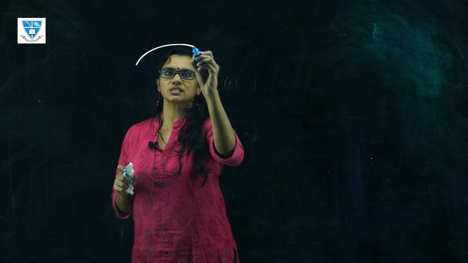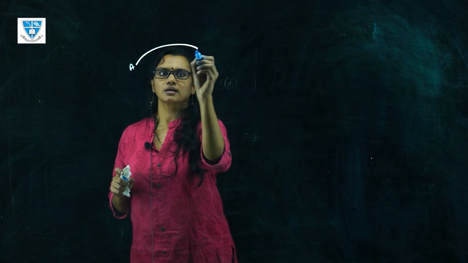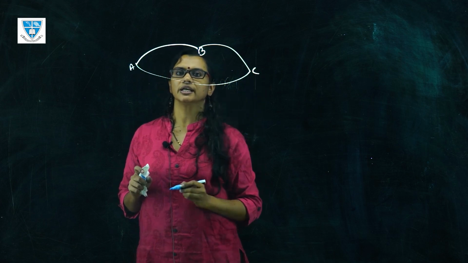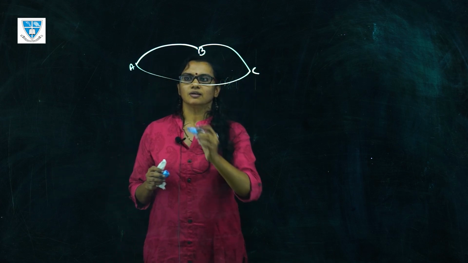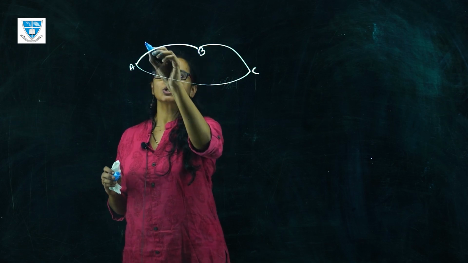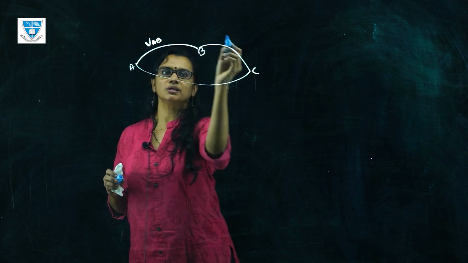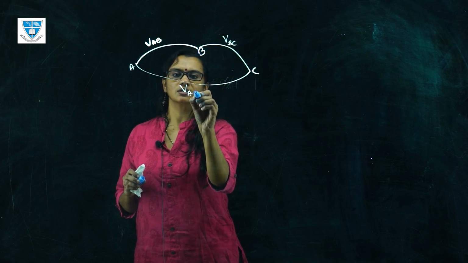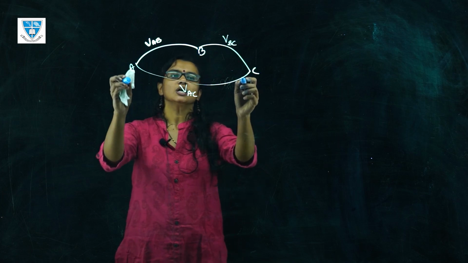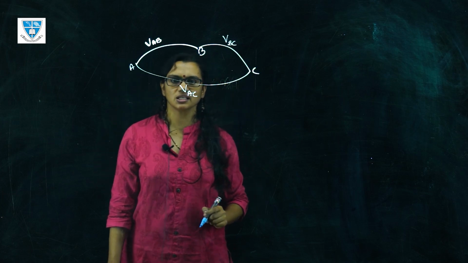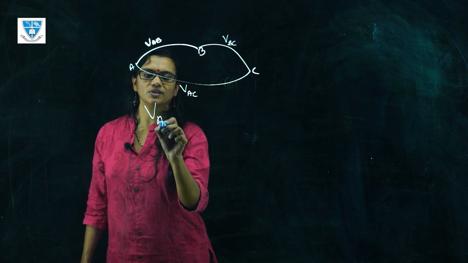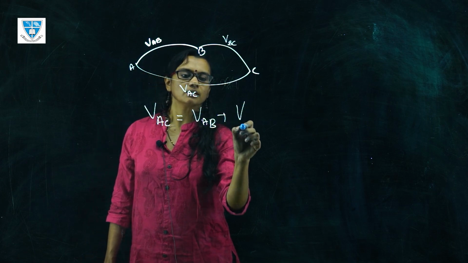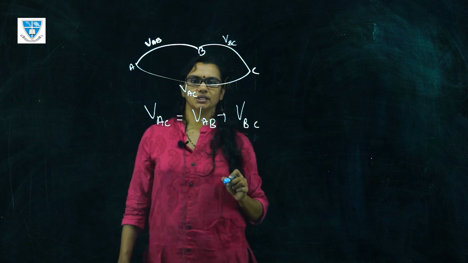Suppose you have junctions like this, A to B, B to C, then A to C. The voltage developed across the first junction, let's term it as VAB, for B and C it is VBC, and VAC. So if you measure the voltage across A and C, you can always say that VAC will be the sum of VAB and VBC.